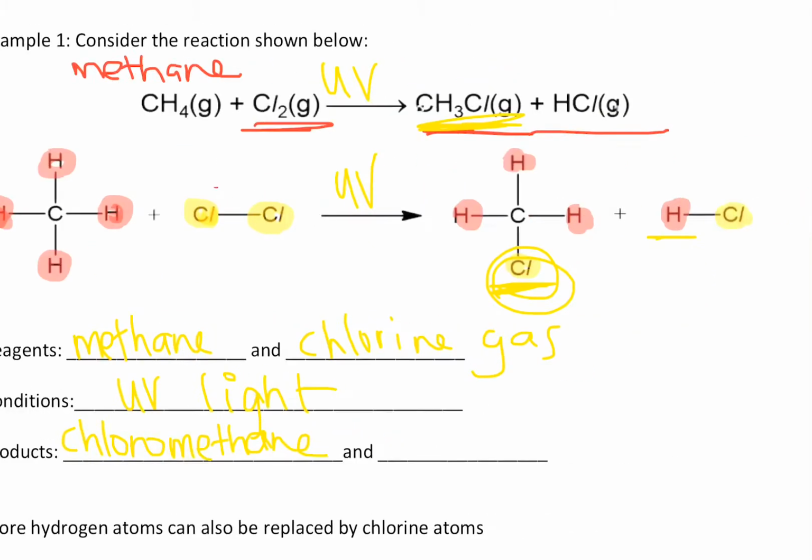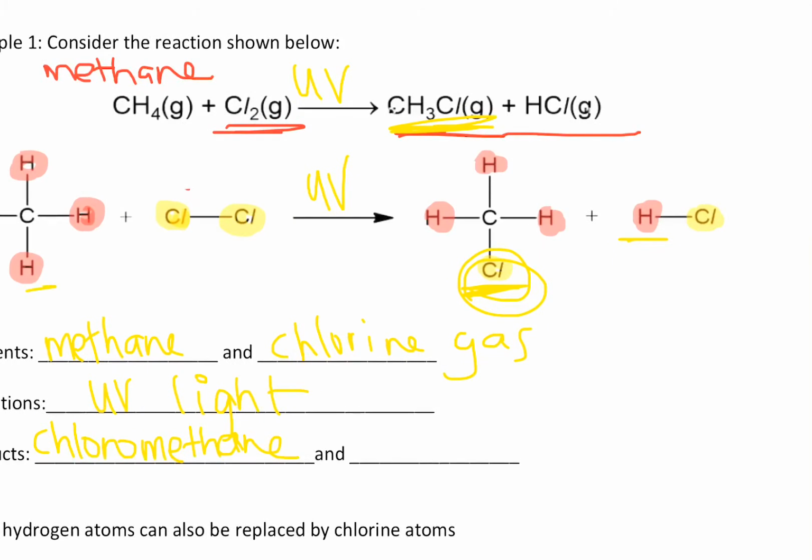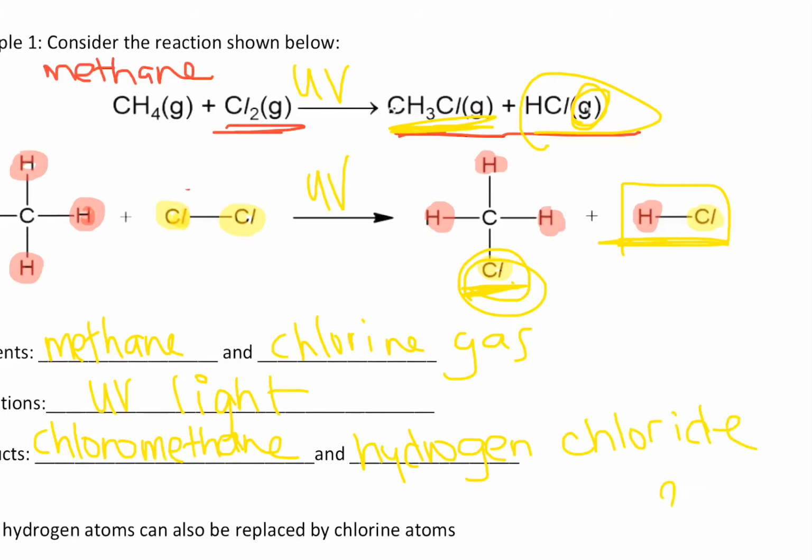Now, you can replace any hydrogen, not necessarily just this hydrogen. You could replace any hydrogen by one chlorine, that's fine. So that's chloromethane, there is one chlorine, and this is, that's not hydrochloric acid, by the way. It says gas here, so it's called hydrogen chloride gas. So that's the products.